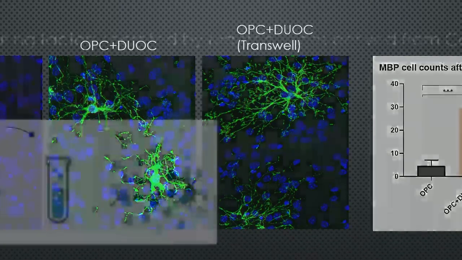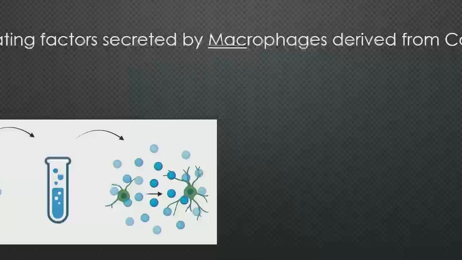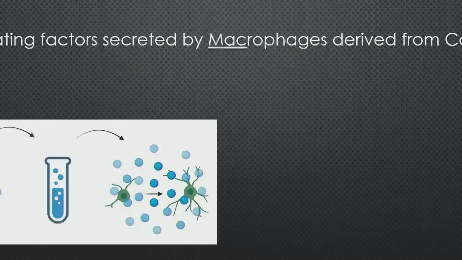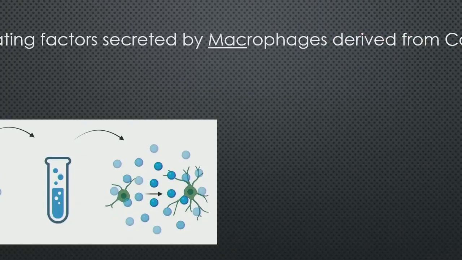So this is very exciting to us, and we're moving on to a second-generation product that we call RemiMax. And this stands for remyelinating factors secreted by macrophages derived from cord blood. So for this assay, we took DOCO1 and we isolated the RemiMax from the culture.